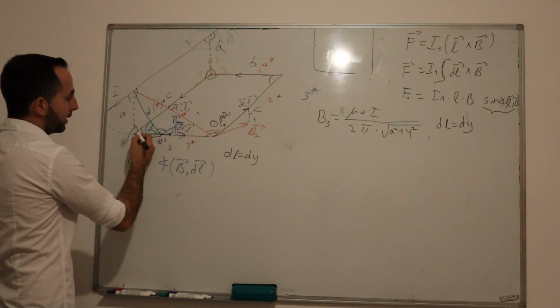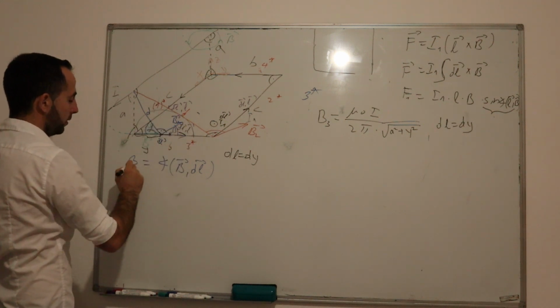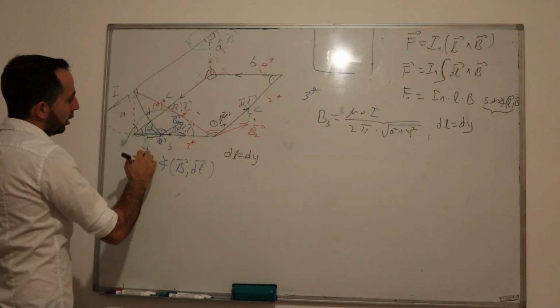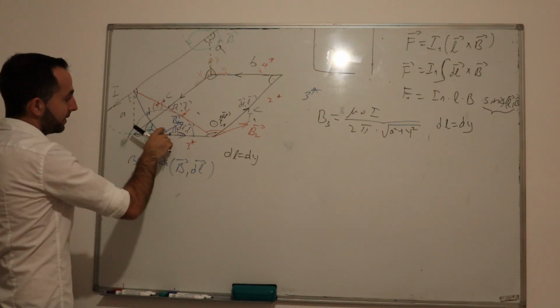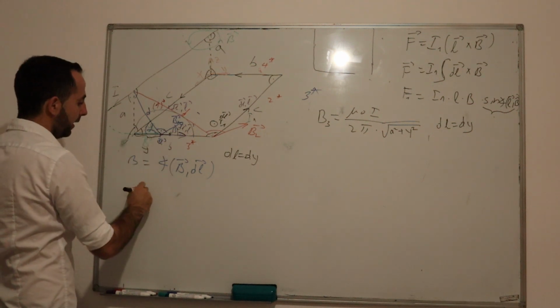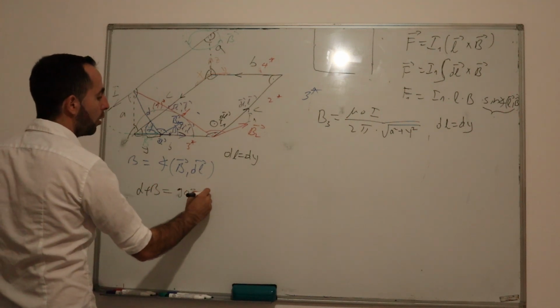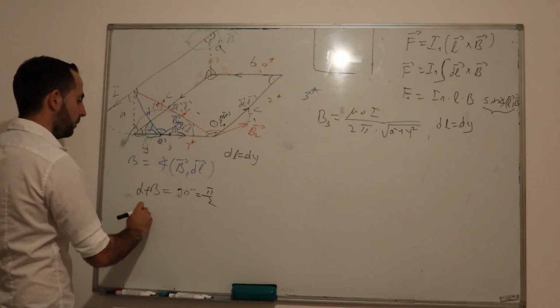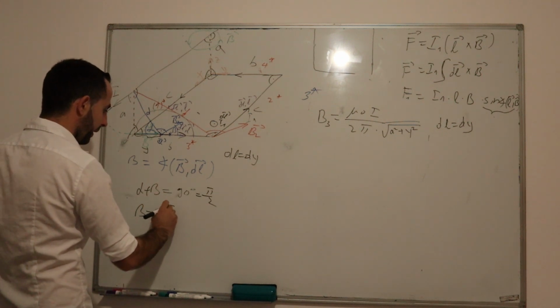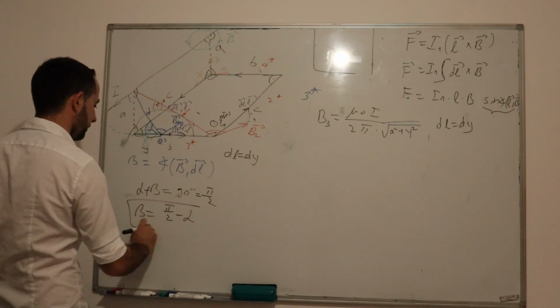Very simple, we can see that this angle is 180 degrees, and this is 90 degrees, which means alpha plus beta must also be 90 degrees, or pi and a half. From here, beta is pi and a half minus alpha.